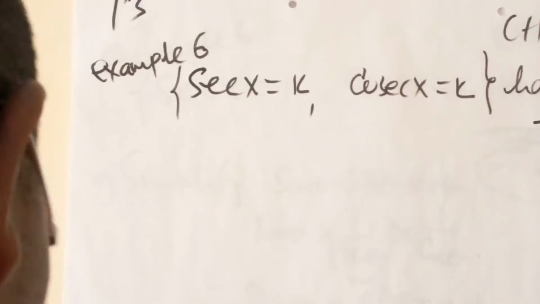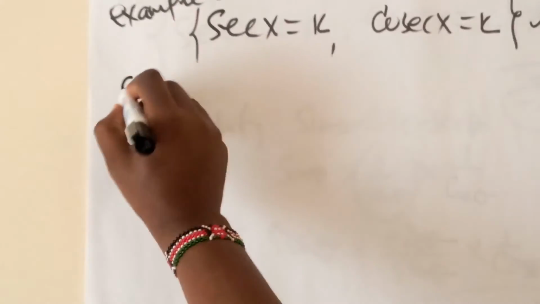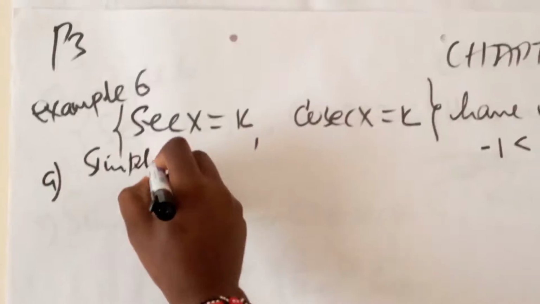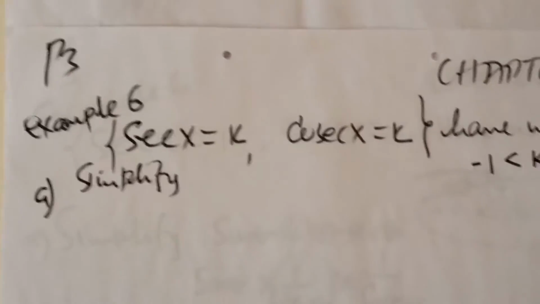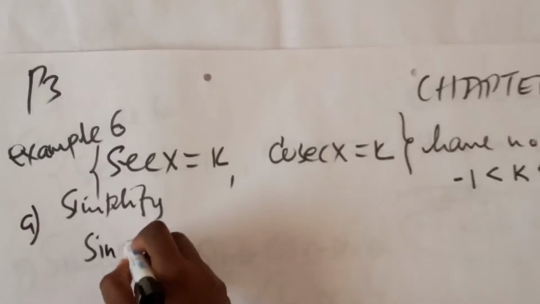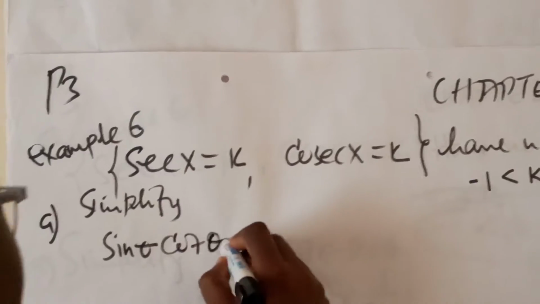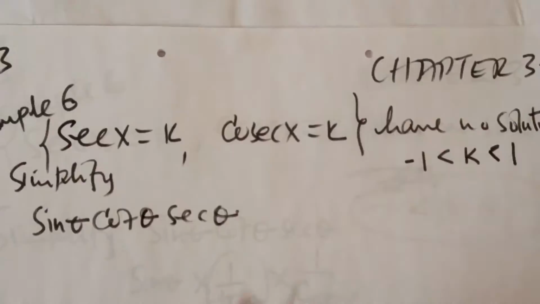In example 6, part A, we are supposed to simplify something to do with sine theta, cot theta, sec theta.